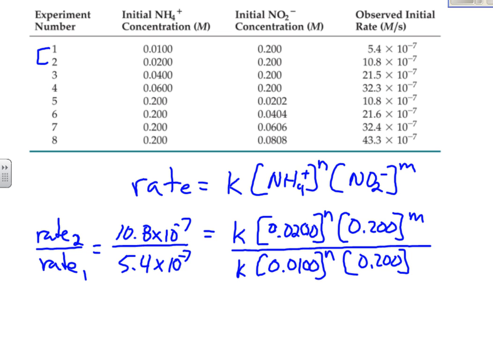This becomes particularly handy when the numbers get a little hard to deal with. Here I'm looking at where I double the concentration of the ammonium ion, and the rate doubles. But the numbers don't always work out quite that simply.